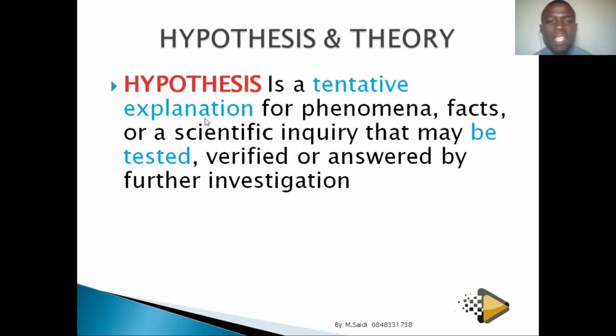It's a tentative explanation for a phenomenon or a scientific inquiry that may be tested, verified, or answered by further investigation. It's not permanent. It must be an explanation and it must be tested. Basically, that's what we need: a tentative explanation that can be tested.